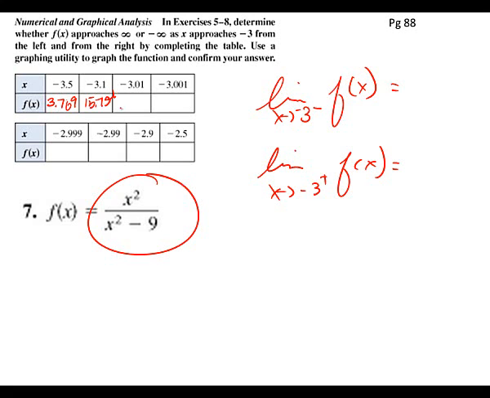Okay, what about the negative 3.01? 150.750. Okay, and then the next one was 1,500.750. And then, so what was this one going to? Positive infinity.